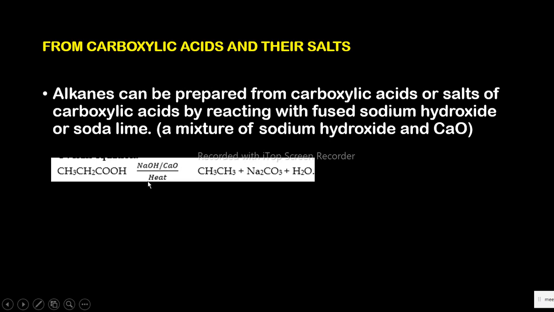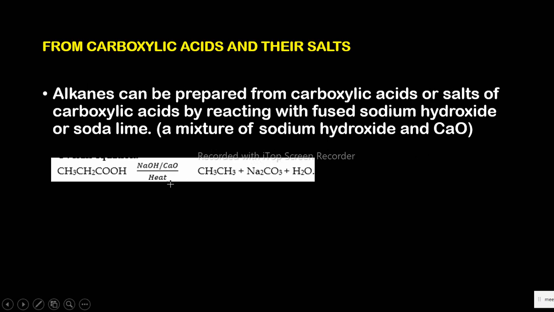When you heat it, we shall form our alkane, and then sodium carbonate plus water. So this reaction is important. Why? Because this one has 3 carbon atoms and this one has 2 carbon atoms. So for instance, I might give you this: show how you can prepare ethane.